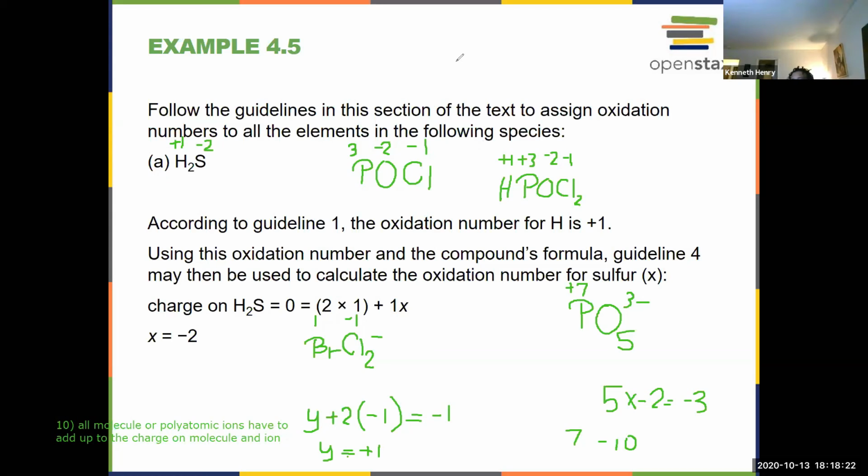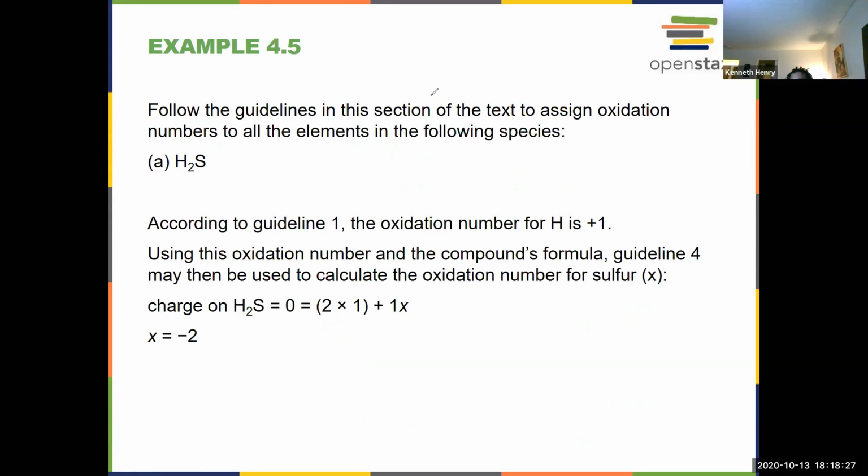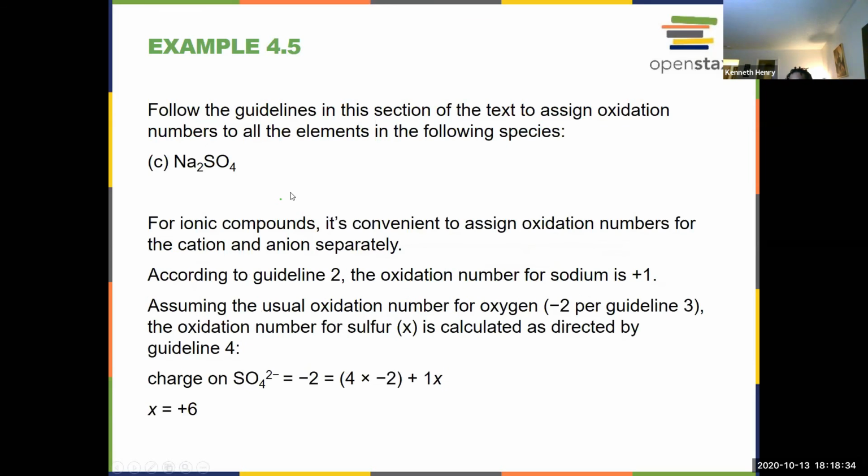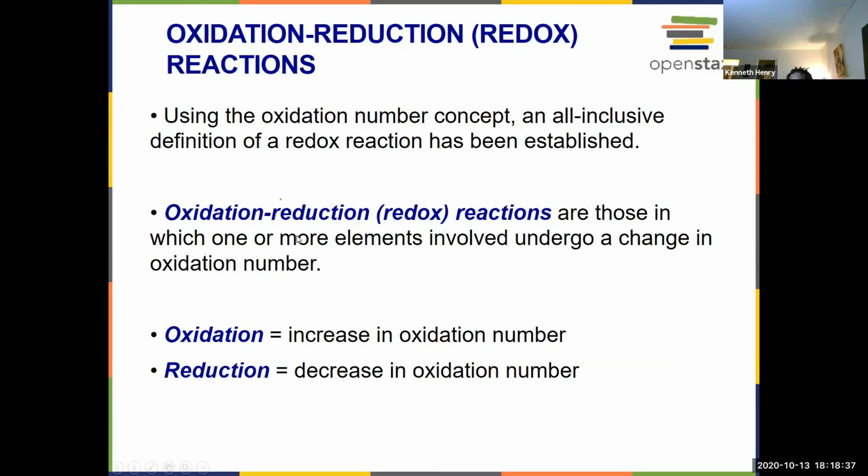Okay, I'm going to erase it again. We already talked about redox, what it means and everything. Another way of looking at it: it's an oxidation reaction if you're increasing the oxidation number, so electrons are being lost.